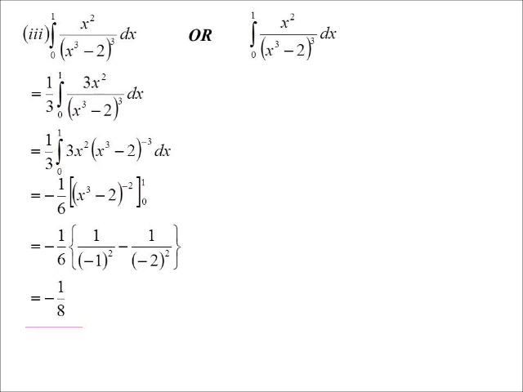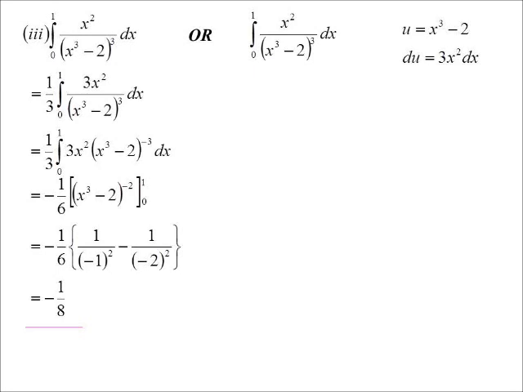Now if we did this one by substitution, the way we would do it is we'd say, oh, gosh, all right, let's make this a bit easier. Inside the grouping symbols, I've got x cubed minus 2, so I'm going to let u equal that. u is going to be x cubed minus 2. So du, notice I left out the middle step where I go du dx is 3x squared. I've just gone straight to du is 3x squared dx.